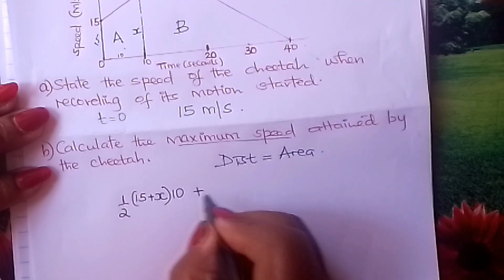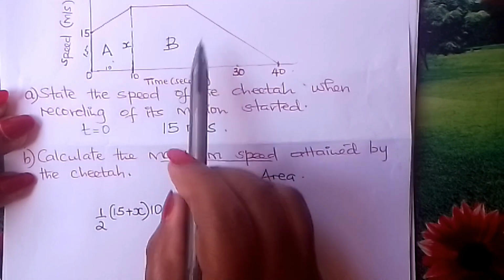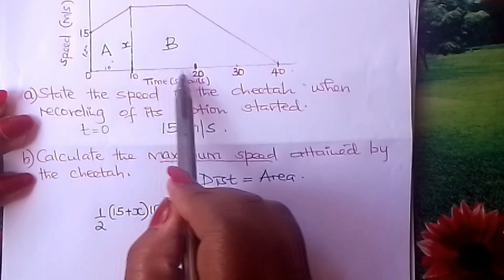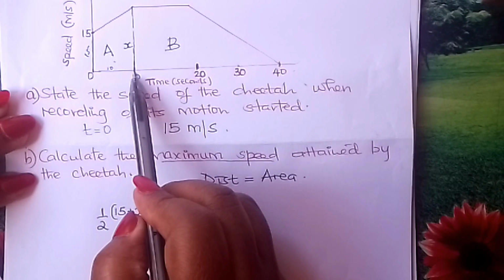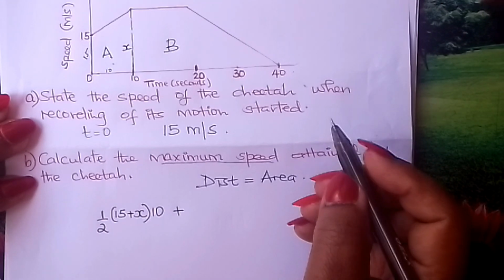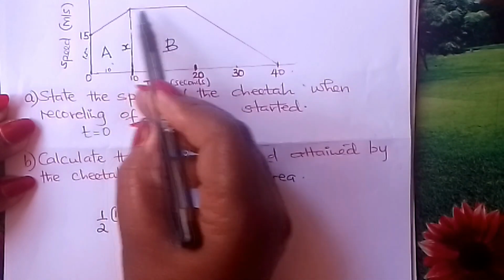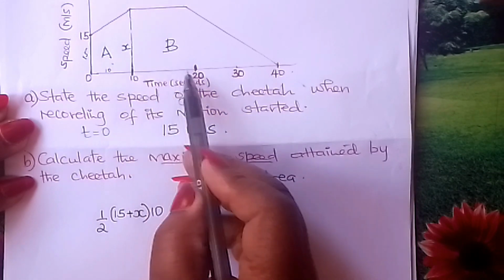Then we move on. The second figure here is still a trapezium. You have this side and this side being parallel, and you have a perpendicular height. From here to here, it corresponds from 10 to 20.